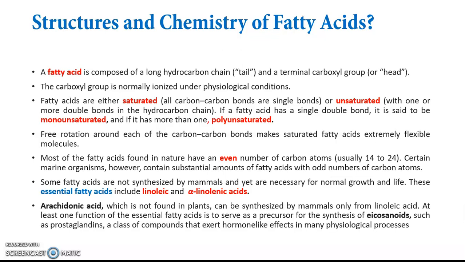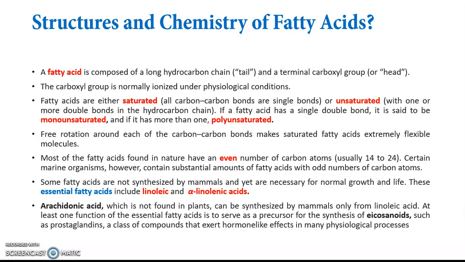Some fatty acids are not synthesized by mammals, and yet they are necessary for normal growth and life processes. These essential fatty acids include linoleic acid and alpha-linolenic acid. These are the two essential fatty acids because the human system cannot synthesize them, so we need to get them from our dietary source.